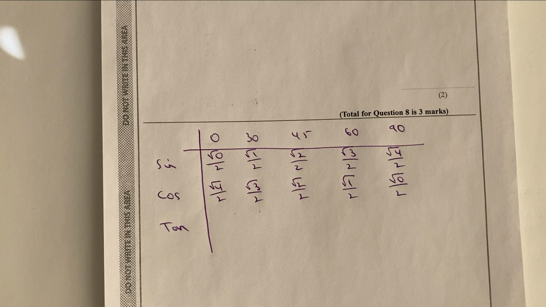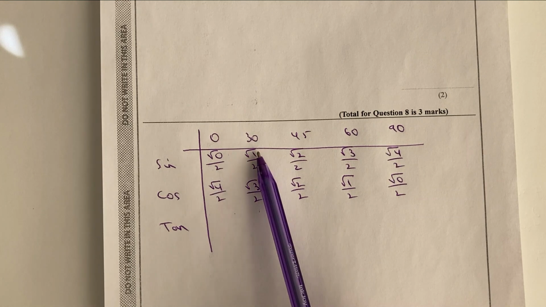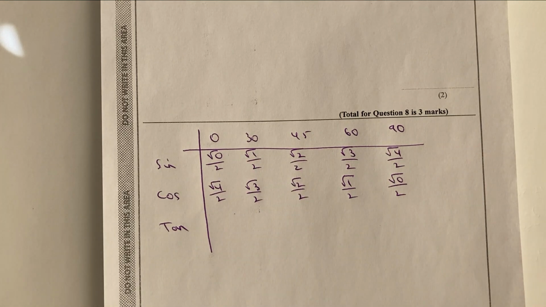All right, so the next little bit is what we do is we look at the numbers that are left, if we take away the denominators of 2.